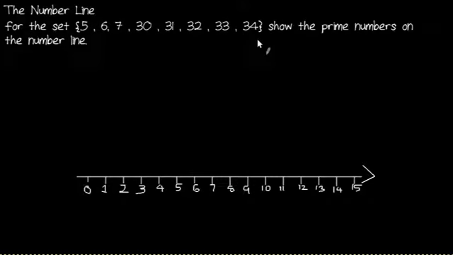This one says, for the set 5, 6, 7, 30, 31, 32, 33, 34, show the prime numbers on the number line. Now, of course, we can't show them all on this number line that we have here because it's not long enough. And in fact, particularly using the scale that we would be able to see properly, we wouldn't really be able to fit a number line long enough on the page that we have.